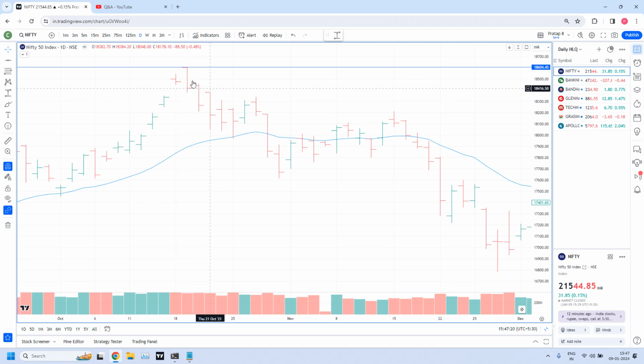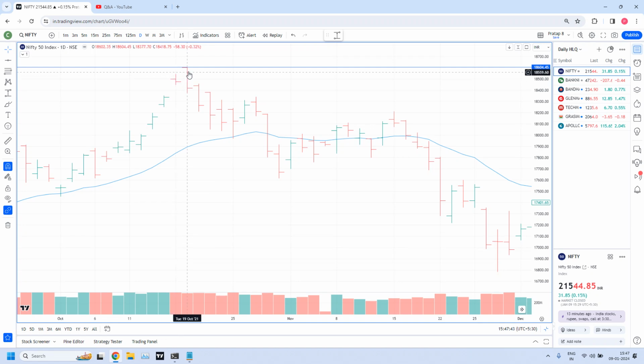But otherwise, what is this reversal bar? At all-time high, remember, focus on this point. When the market is at all-time high, you have the previous candle and the recent candle, and the recent candle's high is higher than the previous candle's high.